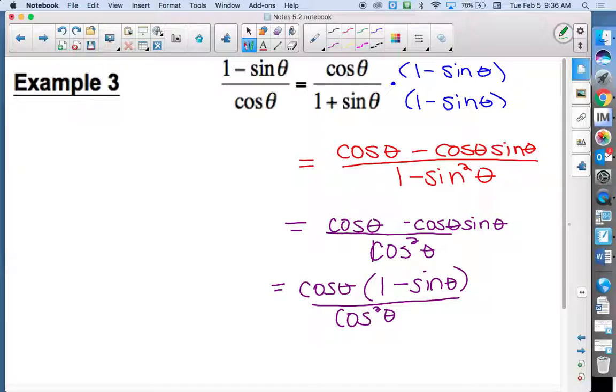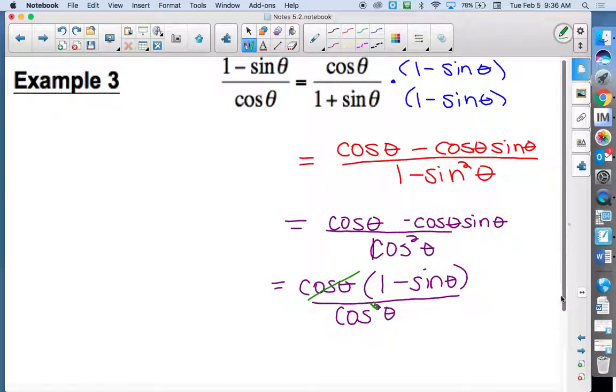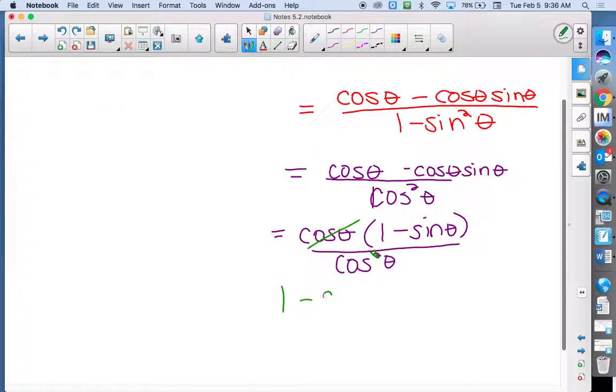So after you use the conjugate, change the denominator into cosine squared, which is why we're using the conjugate with those Pythagorean identities. The cosine cancels with one of those cosines on the bottom, and then we're left with 1 minus sine over the cosine.